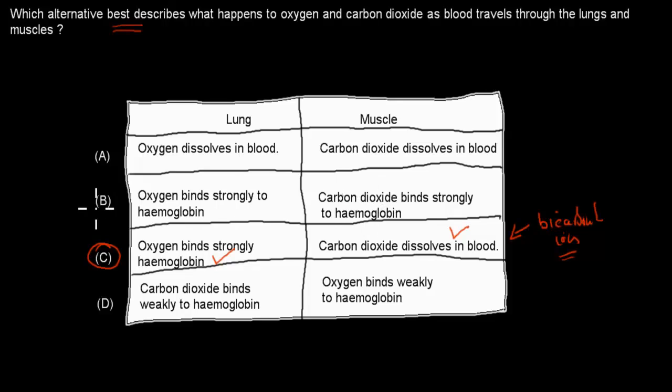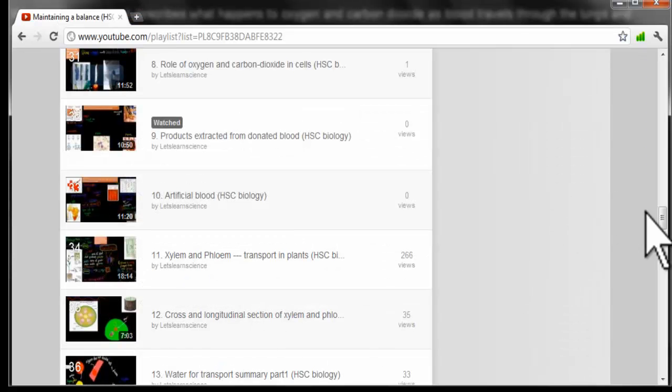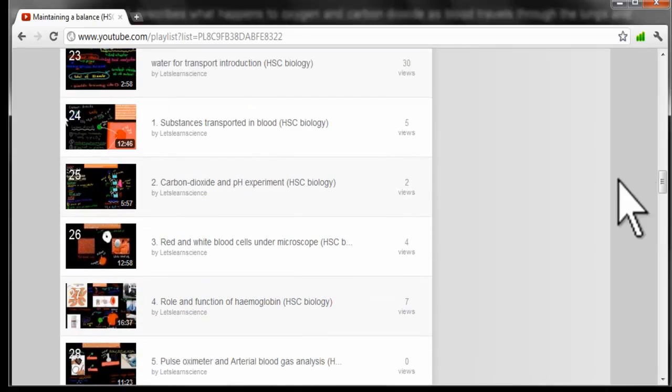So B is almost correct, because it still happens for both of these. But it's not the most correct because it's most likely to be dissolved in plasma as these bicarbonate ions. So all the other ones were wrong. C is the most correct, so it best describes it. And that comes from video number 1, which is substances transported in the blood.